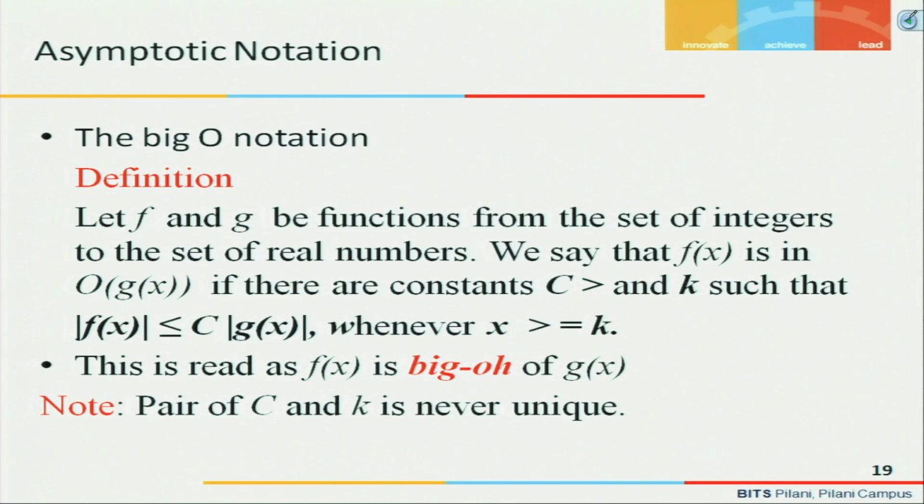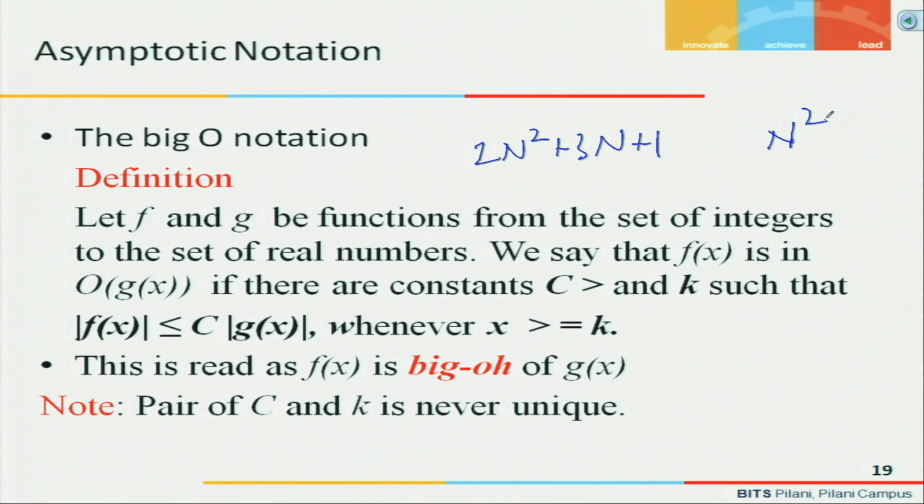This brings us to the first important definition of the course. The definition abstracts all the facts that we have been observing up till now. If you recollect, we have been talking about functions like 2n squared plus 3n plus 1, and on the other side a function like n squared.